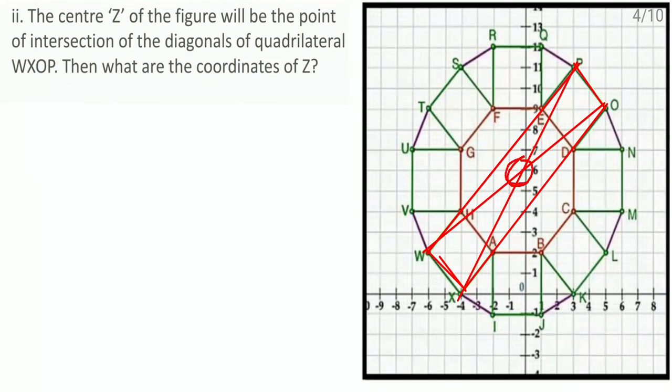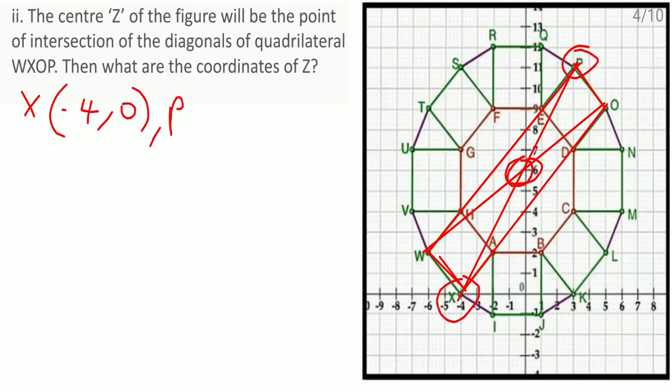So this Z point is the midpoint of either one of the diagonals. I'll take X and P. First I'll write down the coordinates of X: (-4, 0). For P, just see the point P properly. This one is the x coordinate and this one is the y coordinate. That means not -3, but +3. So (3, 11).